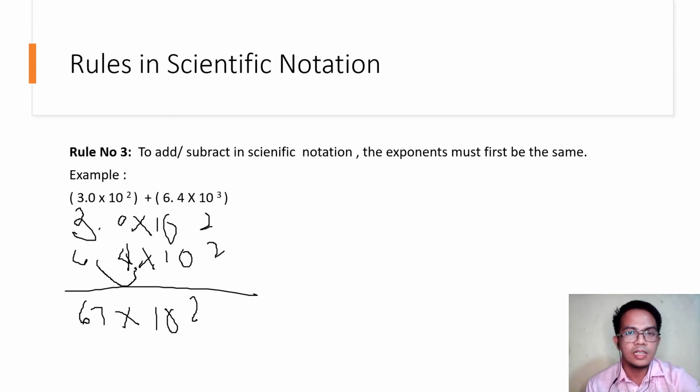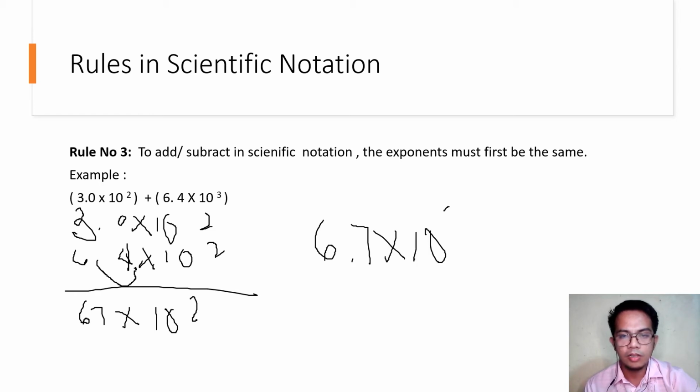The number 67 times 10 raised to 2 is mathematically correct, but a number in standard scientific notation can only have one number to the left of the decimal place. Therefore, the answer is 6.7 times 10 raised to 3. We have a decimal point here, and this decimal point will move between the 6 and 7.